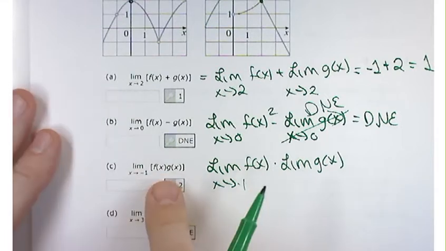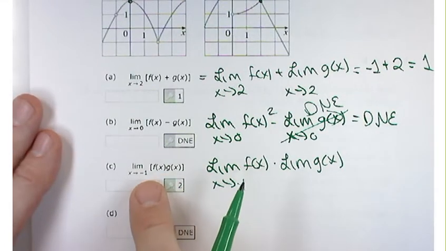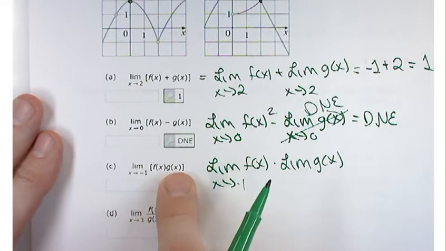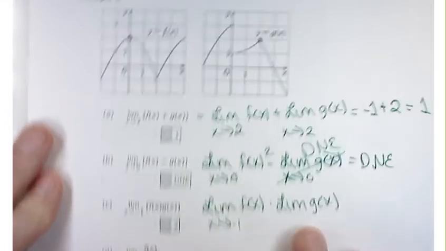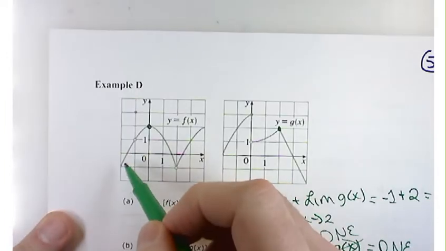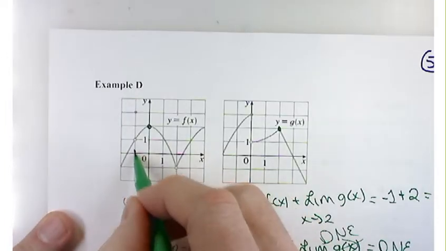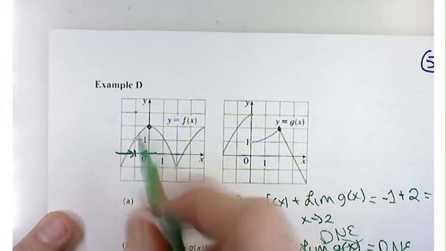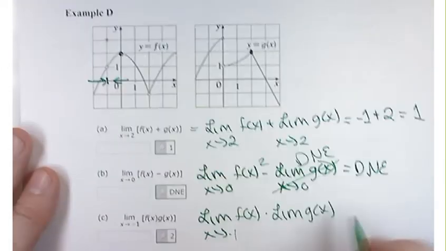How about this one? Limit as x approaches -1 of f of x and g of x. So let's start with f of x. As x approaches -1, which is here, from the left or from the right, that value is getting closer and closer to 1.